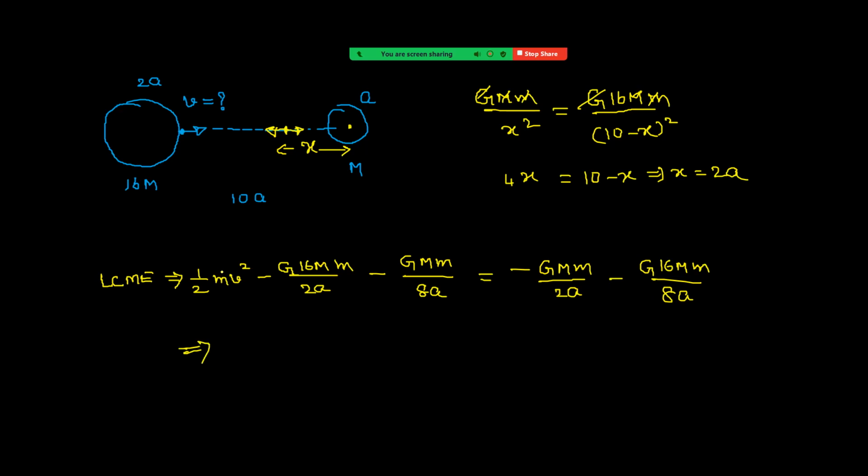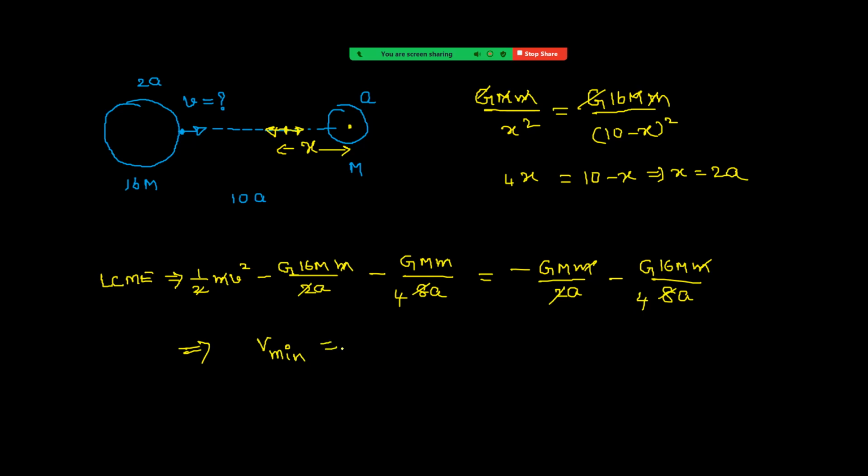Throughout, m gets cancelled. Throughout, 2 also gets cancelled. 2, 2, it becomes a 4, this 2, and this becomes a 4. So from this, we are going to get V minimum after simplifying.